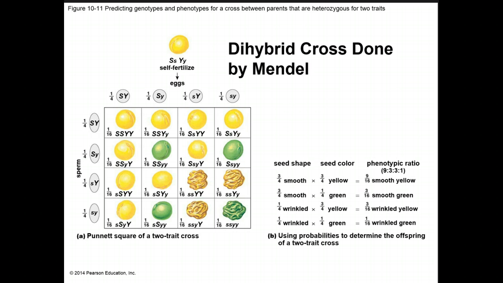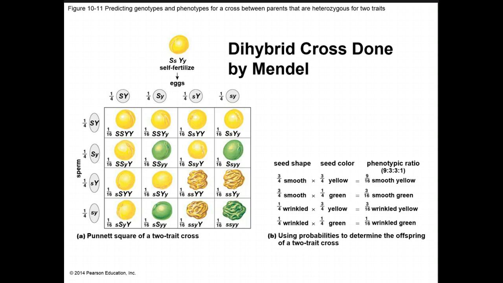When you look at two traits at a time in a single cross, we call that a dihybrid cross. Notice that in this case, he looked at the inheritance patterns in a yellow, smooth seed crossing with another yellow, smooth seed.